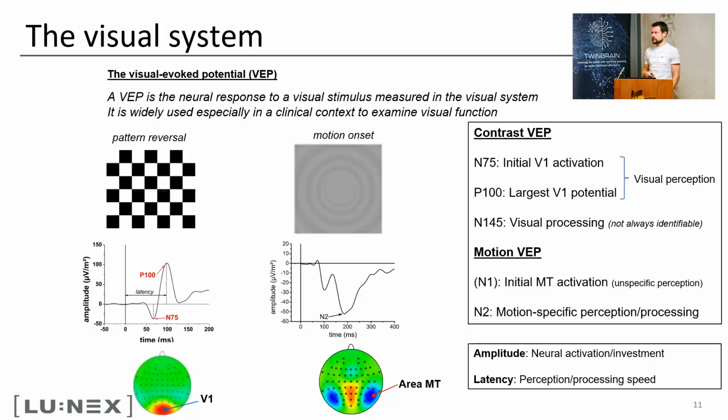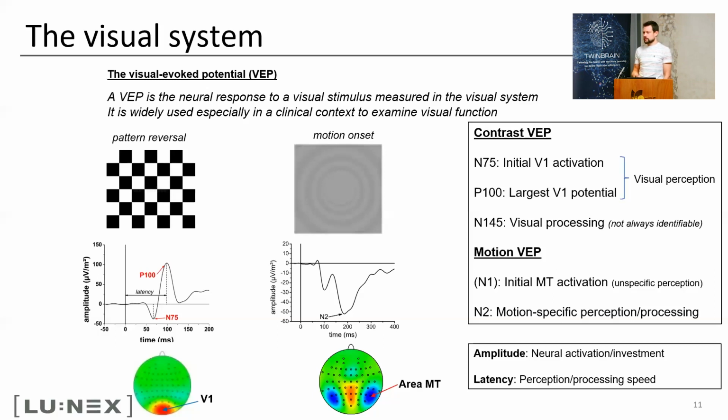The N145 is more related to visual processing, although, as I said, sometimes it is not identifiable. Around 50% of participants show it and 50% do not. But when it comes to visual perception, the N75 and the P100 are the potentials of interest.